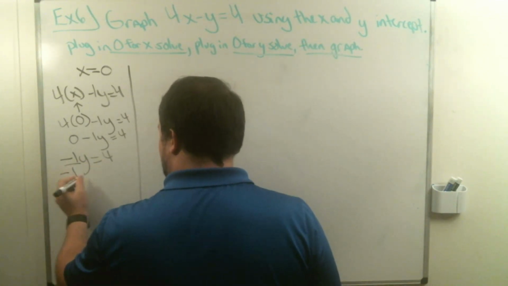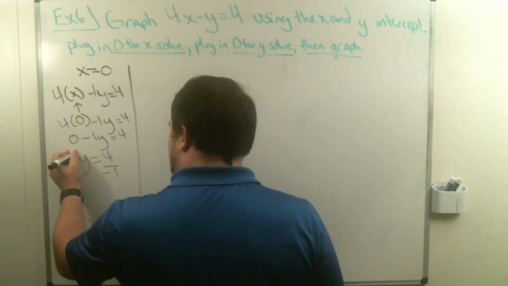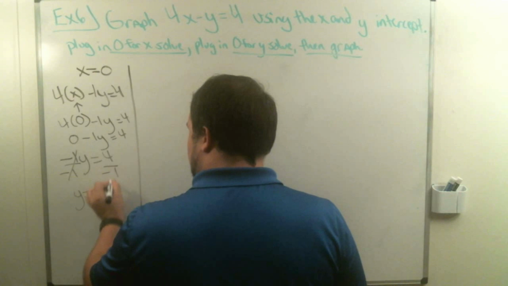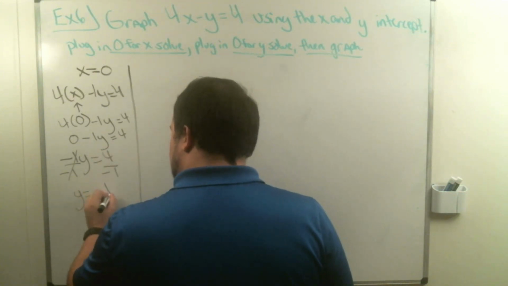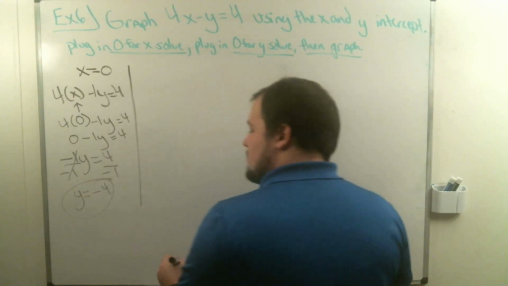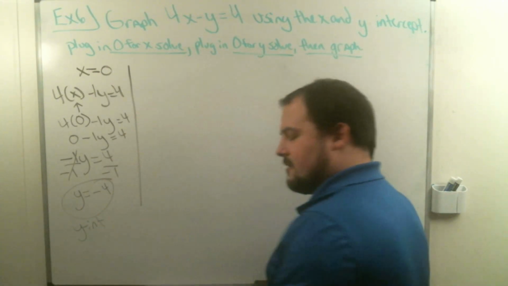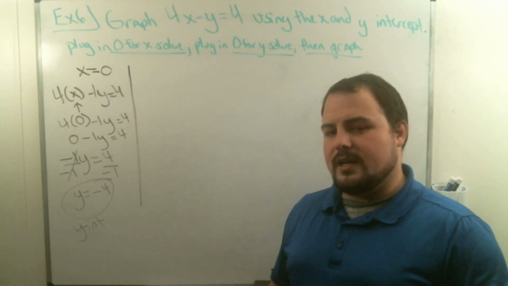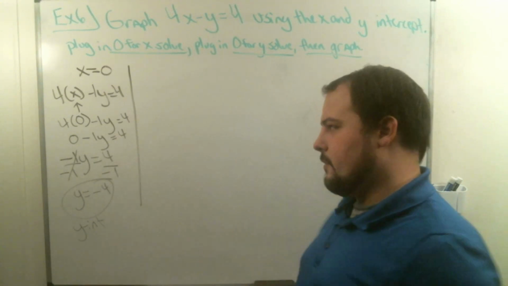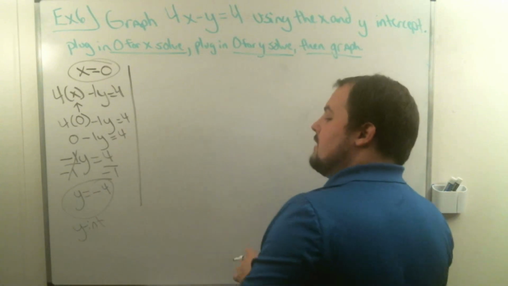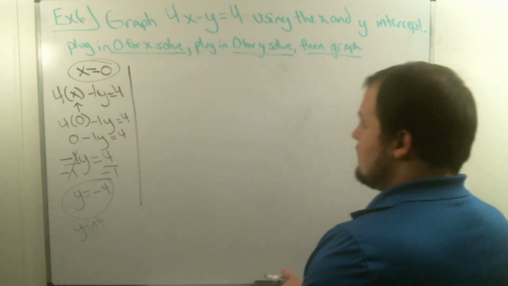We divide by negative 1 on both sides. This cancels out, and we get y equals 4 divided by negative 1, that's negative 4. So this is our y-intercept. We figured it out by plugging in 0 for the x, so we have 0 for the x, negative 4 for the y.